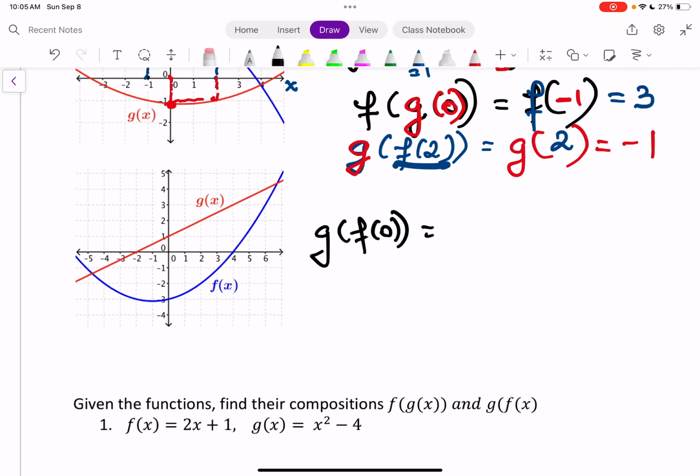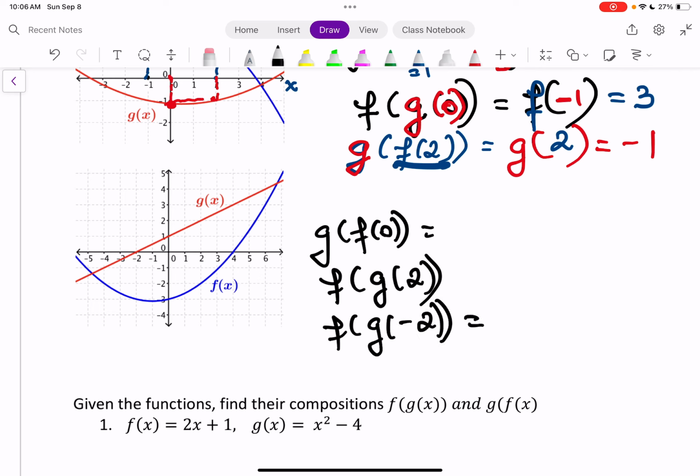What is f of g of 2? And maybe one more. F of g of negative 2. So look through, and then let's compare answers.